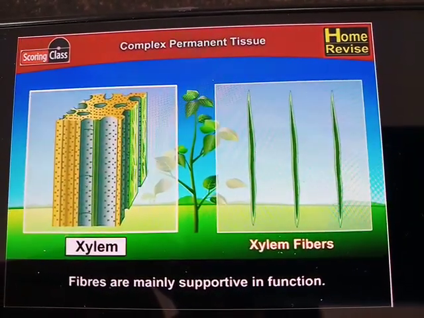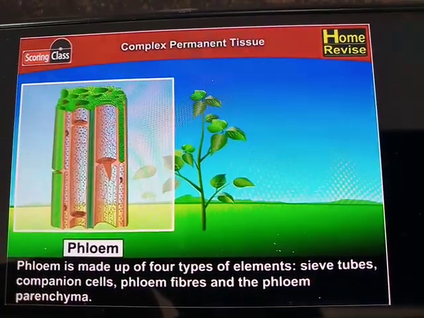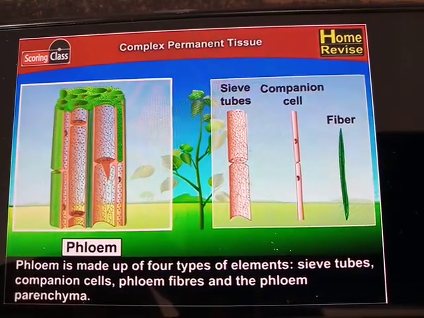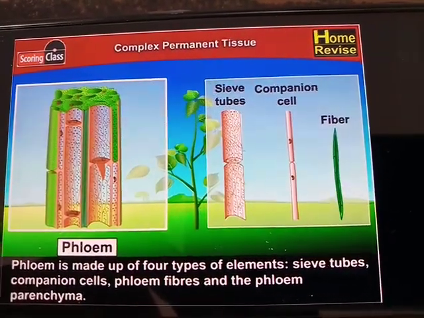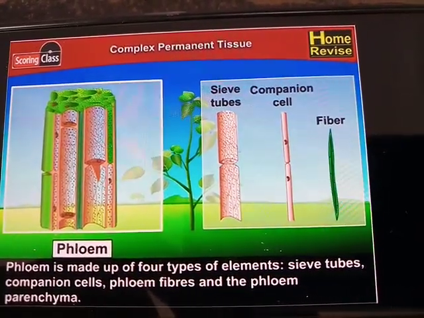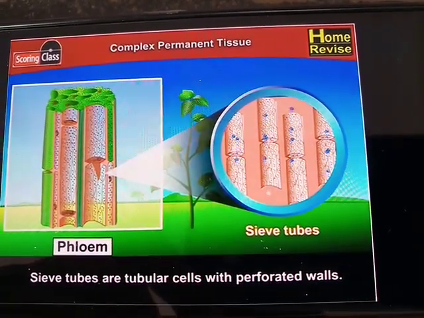Then xylem fibers are mainly supportive in function. Then phloem. Phloem is made up of four types of elements called sieve tubes, companion cells, phloem fibers and phloem parenchyma. Sieve tubes are tubular cells with perforated walls.